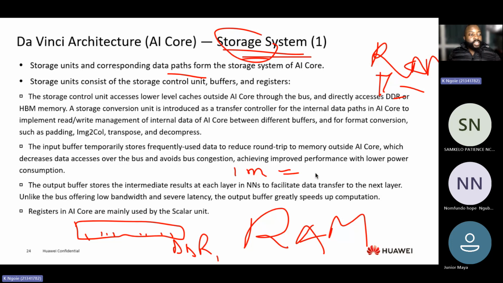So if I say 1 kilometer, how many meters is that? 1,000. Okay, so 1 kilometer is 1,000 meters.